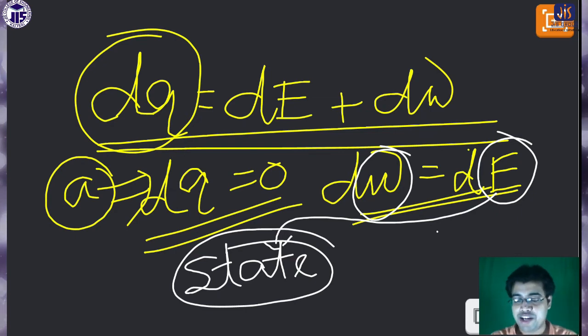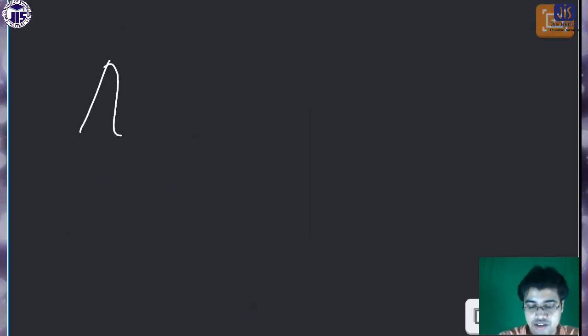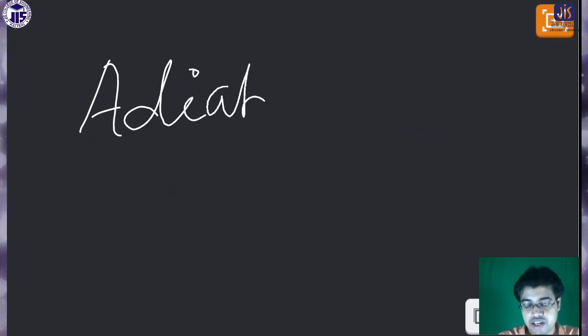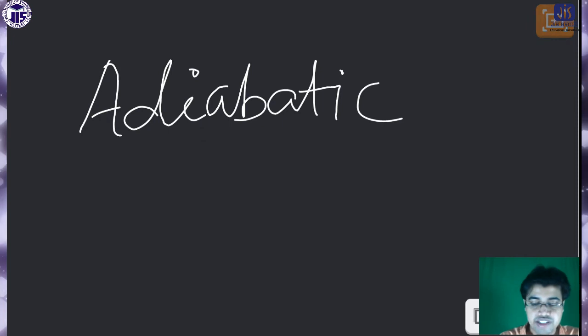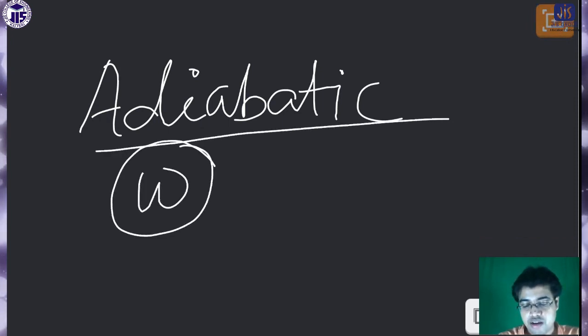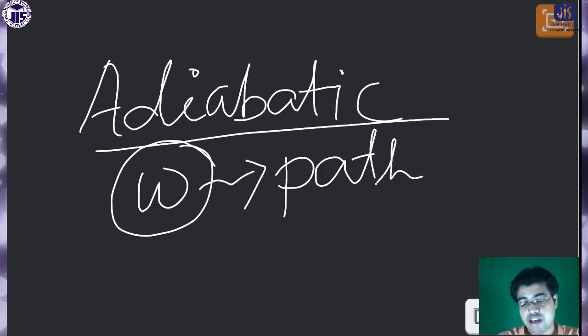So what is the condition? Under adiabatic condition, when adiabatic work is done, then only we can take work as a state function. You have to keep in mind this question can arise, work as a state function.